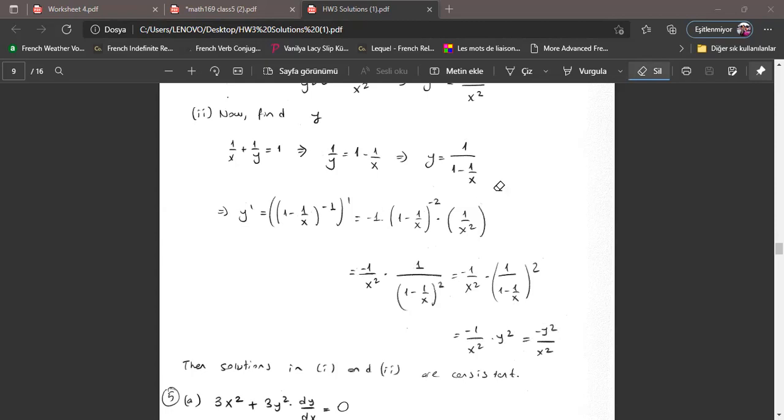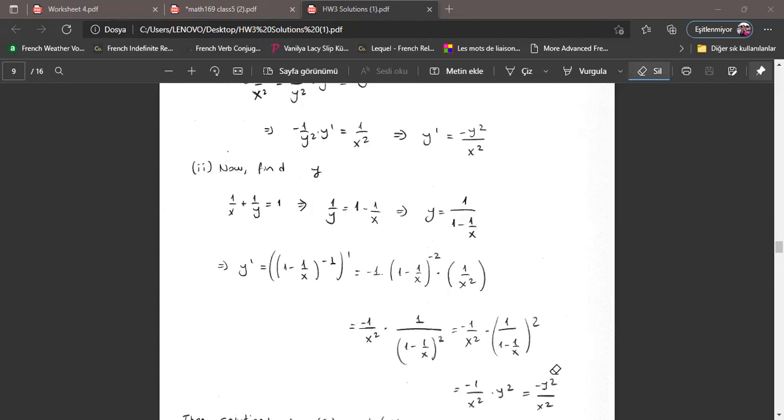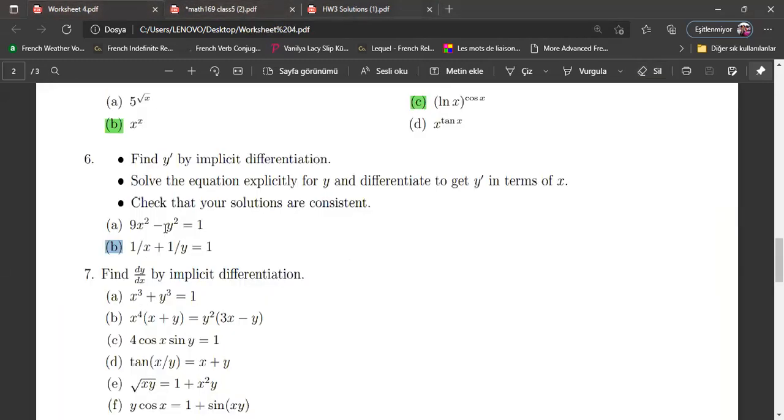Is it consistent? In the first part, we found y prime in this form, and the same in the second part. So they are consistent.